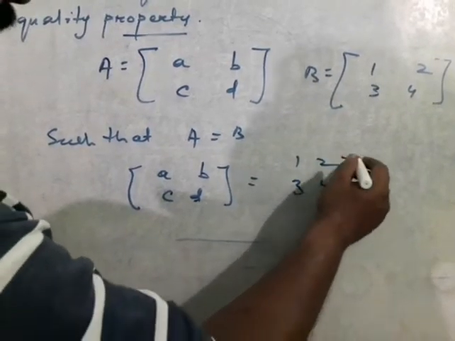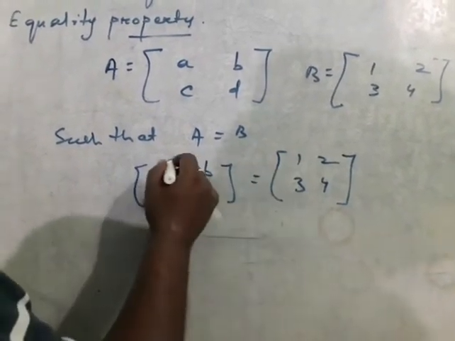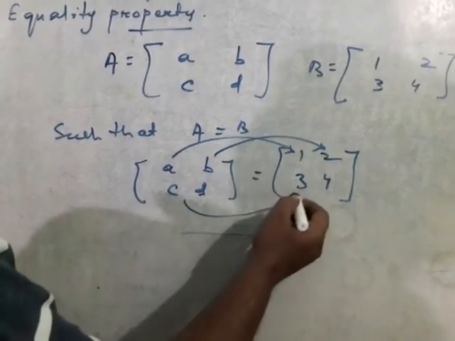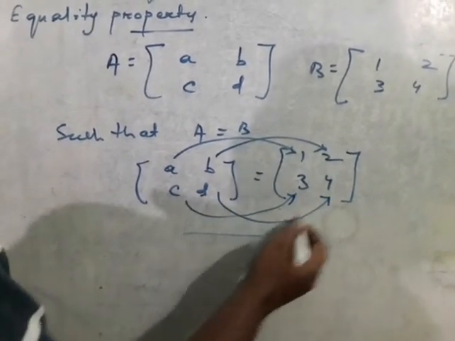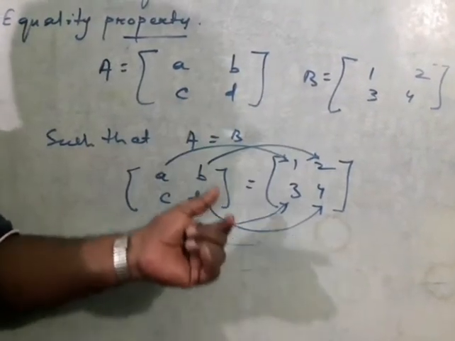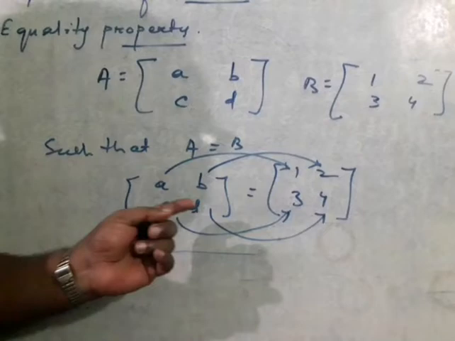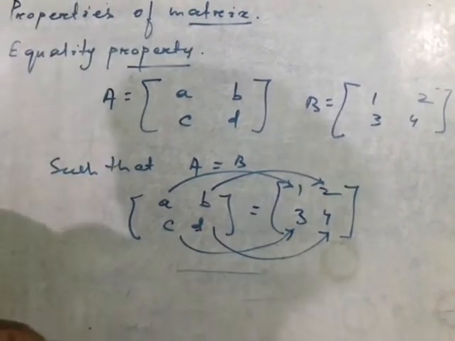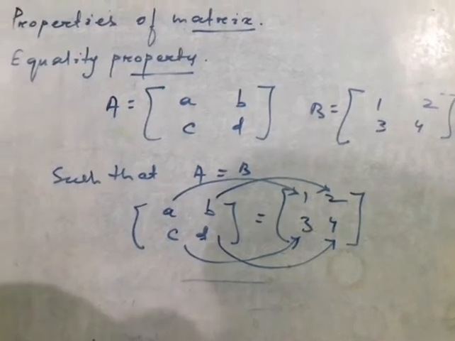So we can say that a is equal to 1, b is equal to 2, c is equal to 3, and d is equal to 4. So whenever two matrices are equal, then the corresponding components or entries will also be equal. So this is your equality property.